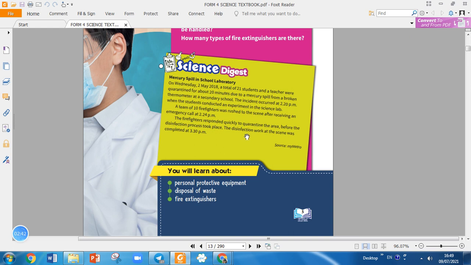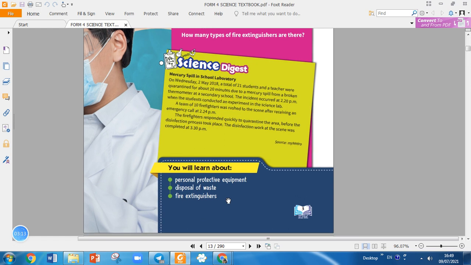We need to call firefighters to make sure that the mercury spill has been handled completely. If you read this Science Digest, I believe you know that this is a very dangerous incident that will need outside help. Definitely in this part you will learn about personal protective equipment, disposal of waste, and fire extinguishers.